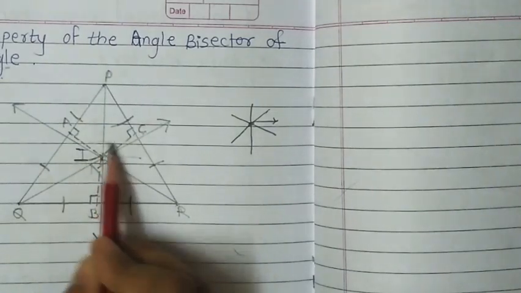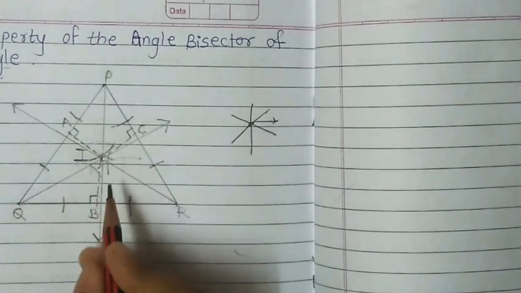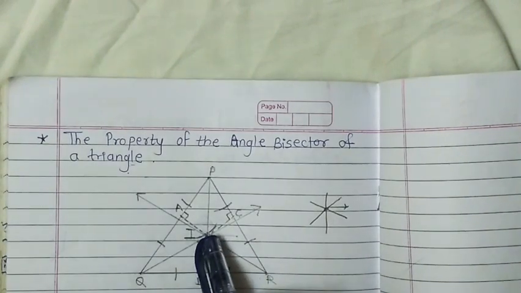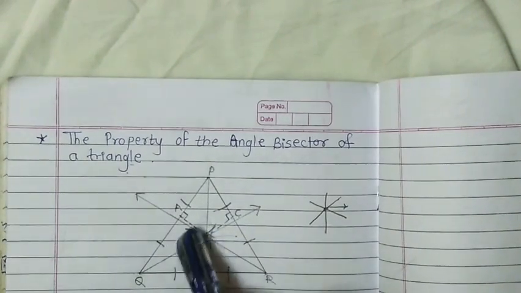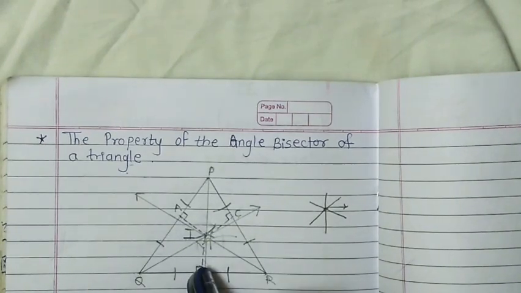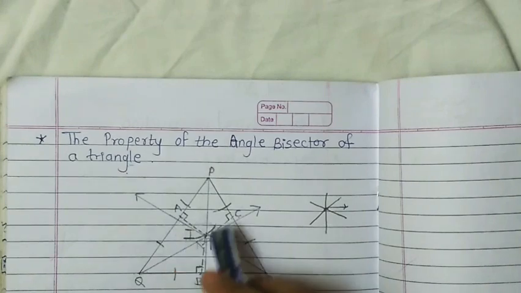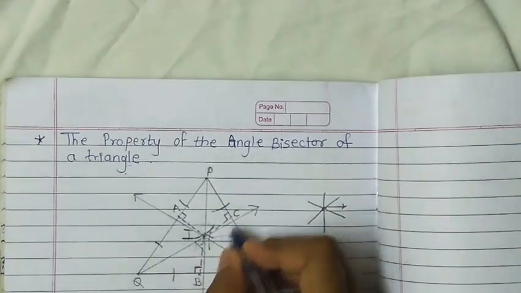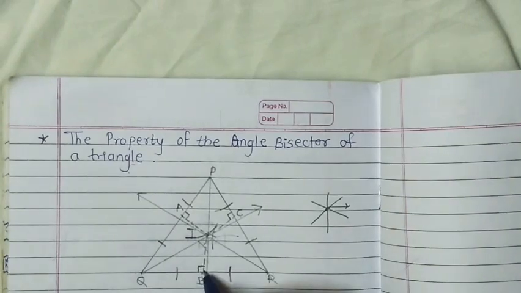In the interior of triangle, no? Correct. Also, three perpendiculars which we have drawn from this point I, they are equidistant. Children, equidistant means what? Yes, their distances are same. Okay.